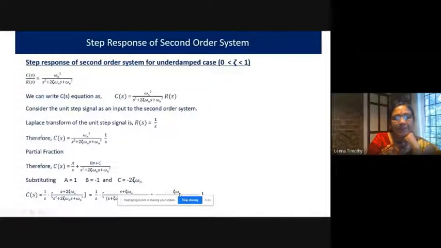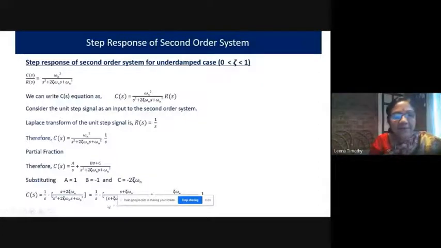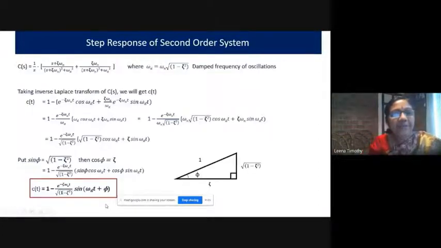Similarly, plus theta omega n divided by theta omega n. S plus theta omega n the whole square plus omega d square, where omega d is equal to omega n into root of 1 minus theta square, the damped frequency of oscillation.